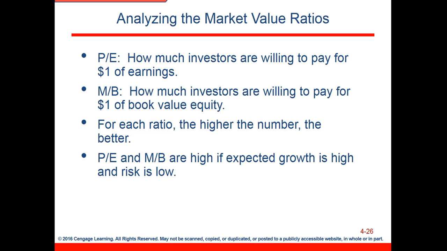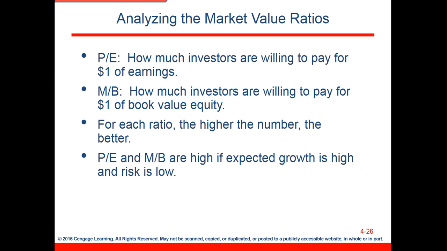Now, what does price to earnings mean, or market to book value? It's basically how much the investors are willing to pay for $1 of earnings, and it has different components in it. The future growth prospects, etc., play an important role, and that's one of the ways to measure the market's reaction to the company's earnings.